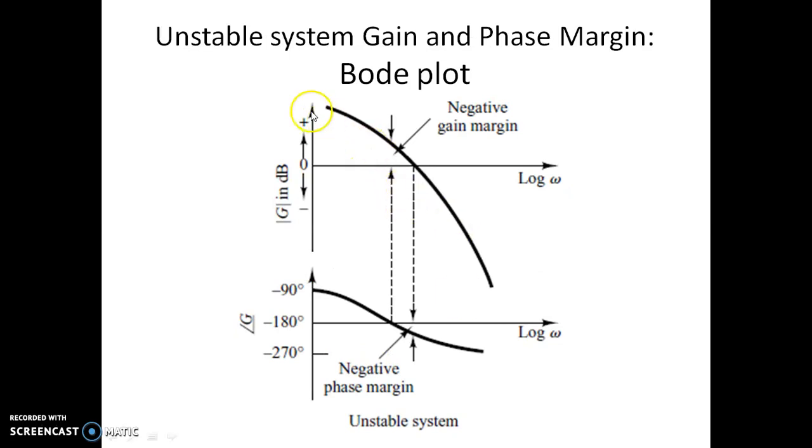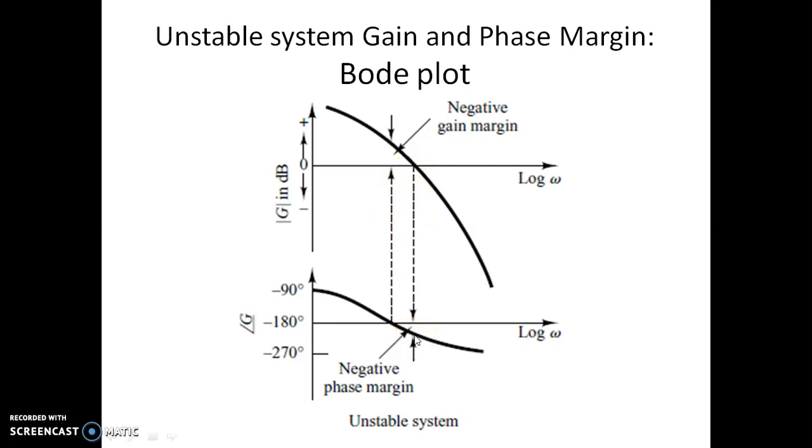And you can see this is an unstable system, where you have the gain and phase margin from the Bode plot. Now this is omega PC, the phase crossover frequency, where the phase is minus 180 degrees. This is the gain crossover frequency, when gain is 0 dB. Come down here, and whatever the phase is, it's always more than minus 180.